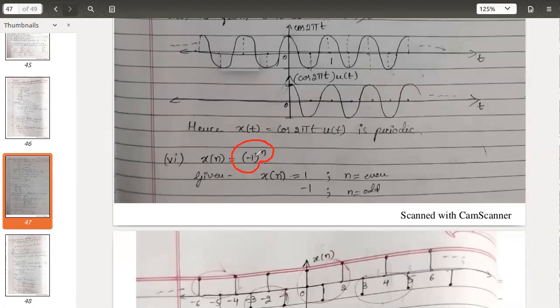Okay. The meaning of this given x of n is this. You know it, any even power value will be even, and any odd power you will get a negative value, right? So minus 1 raised to even power will be positive, minus 1 raised to odd power will be negative.